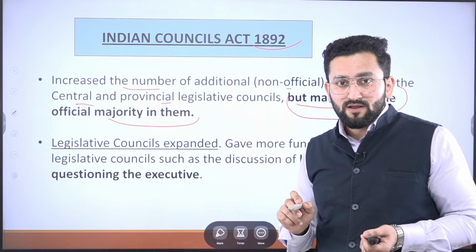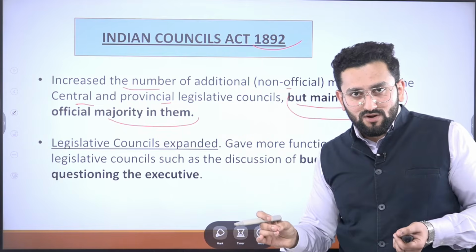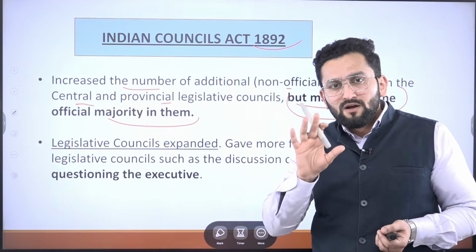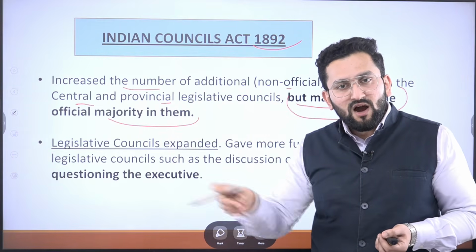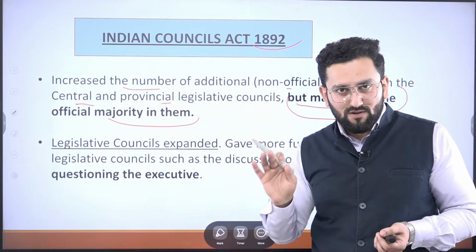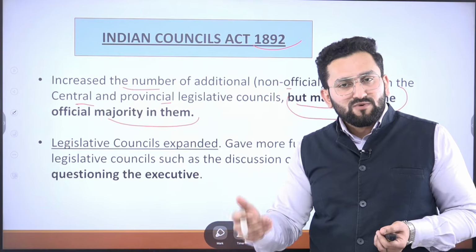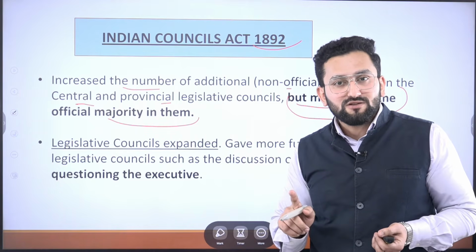What does it mean? It means non-official members are being involved. They are not part of the British administration. They are representatives of the people. They may be experts in certain areas, that's why they are being involved, but they are not officials.